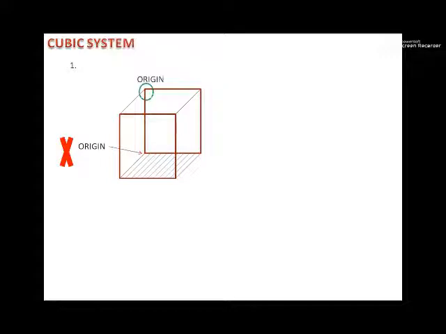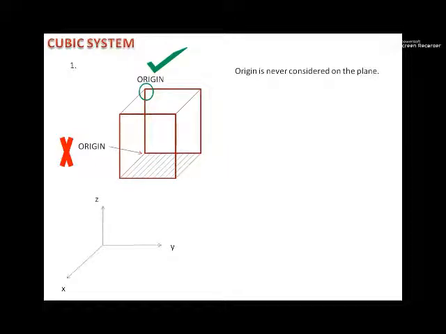Now what should I do? Choose this point as origin, this green circle. Now this origin is never considered on the plane. So this choice is wrong, but my next choice is correct. Right?